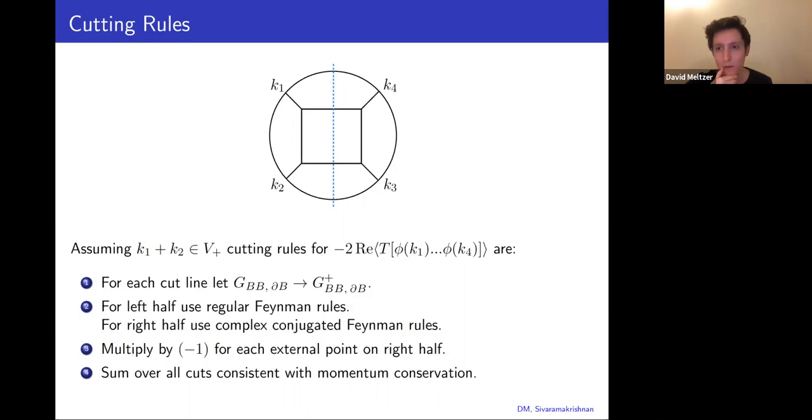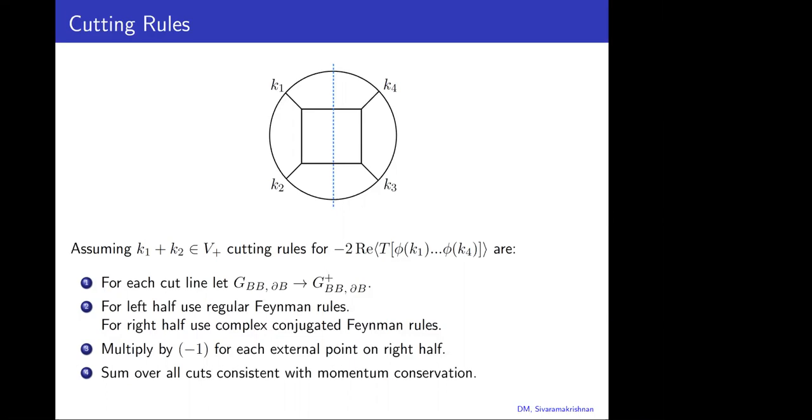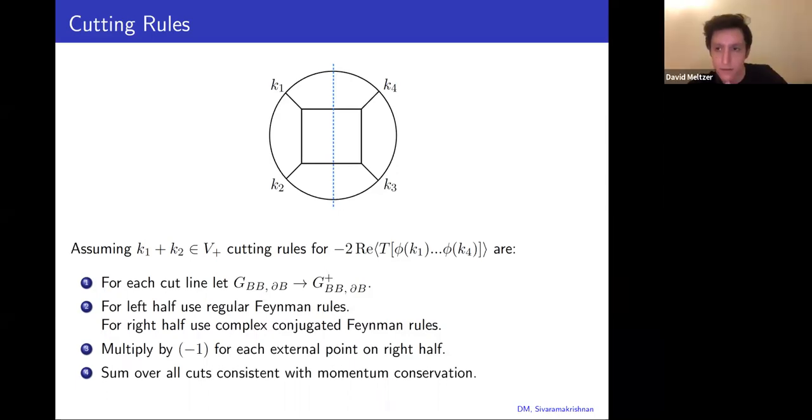Okay, thank you. And sorry, just to be completely clear, it's probably very stupid, but you say that G plus here is an on-shell propagator. In what sense do those words apply to retarded plus advanced? Yeah, it's just that they obey the equations of motion without a source.